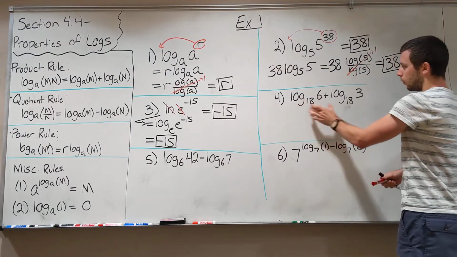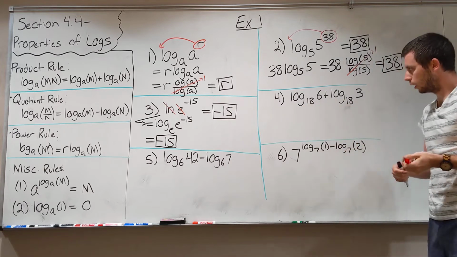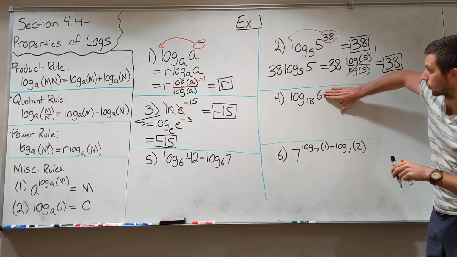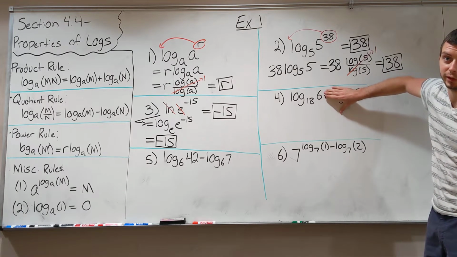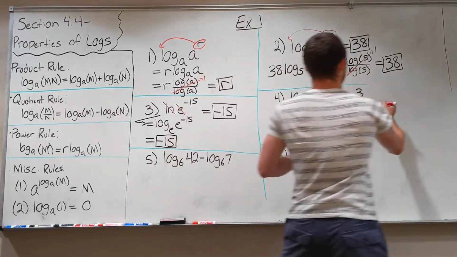So notice we have 2 logs that are being added together. So if you were to try and evaluate this in your calculator, log base 18 of 6, and so you can actually do that. I'll do this off to the side.